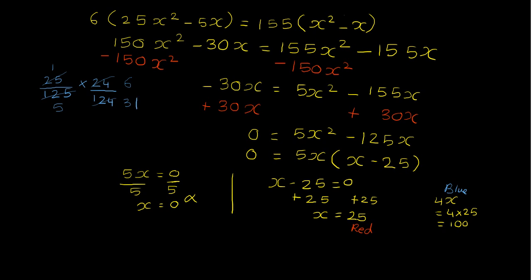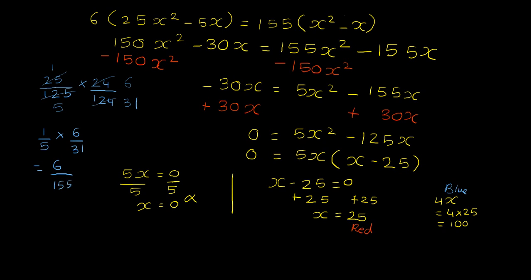And then I can multiply this, so 1 over 5 times 6 over 31, that's the same as 6 over 155, which is what the question stated initially.